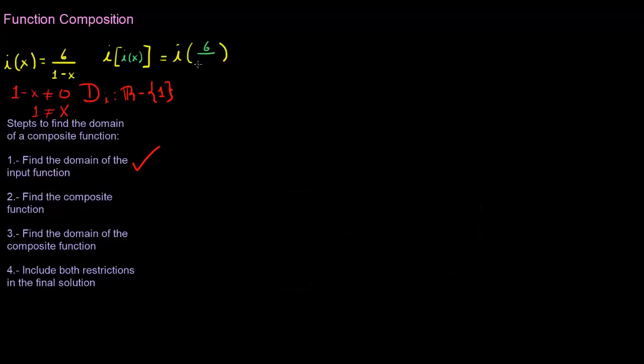It will be 6 over 1 minus, I'm going to use the color green just to make it clear what I'm doing here, 1 minus x. And basically from here on we just have to get along with the algebra.